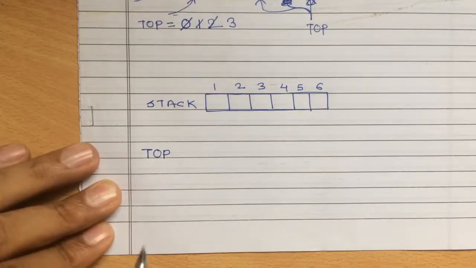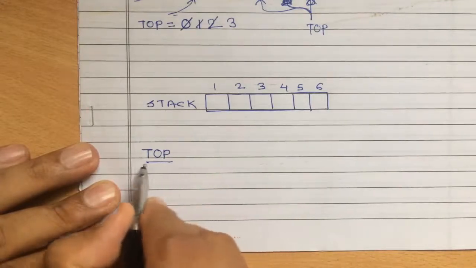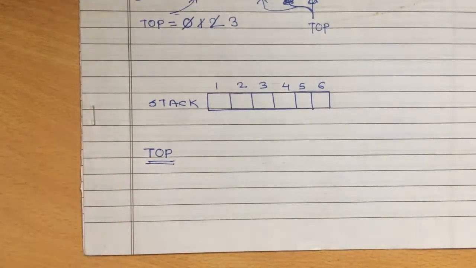Basically this top is nothing but a pointer variable which contains the location of the top element of the stack.